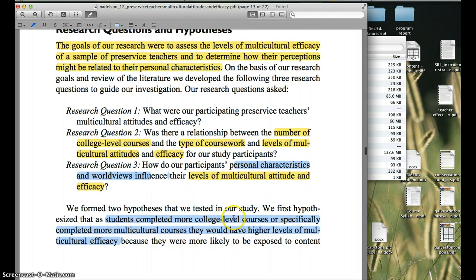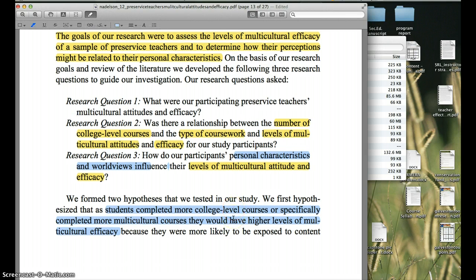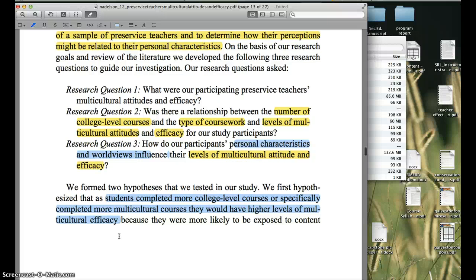Looking at that hypothesis, you begin to think that maybe college level courses is the independent variable, and efficacy the dependent variable. There's a suggestion that the number of college level courses, particularly those that were multicultural, are likely to cause or influence or result in higher levels of multicultural efficacy. So college level courses would be the independent variable, and multicultural efficacy would be the dependent variable. That becomes a little clearer within the hypothesis.